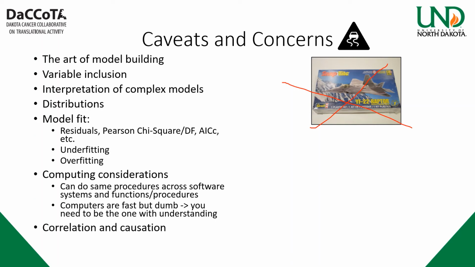Another caveat, distributions. We looked at both binary and Poisson distributions. There are obviously many more. A lot of working with distributions involves trying to understand your data, how it might have been generated, to see what distribution fits best. There can be multiple possible distributions you might need to try.